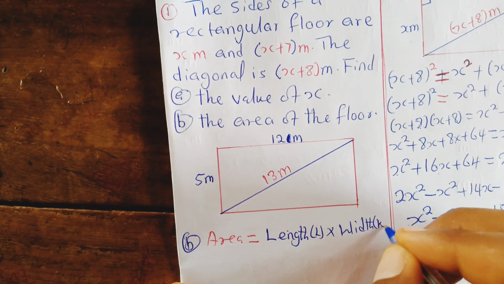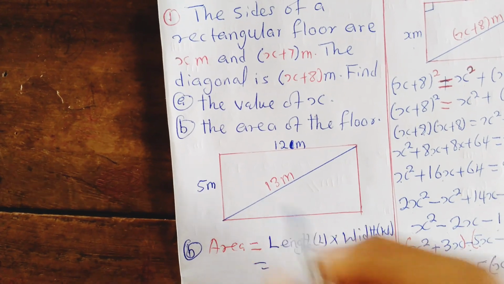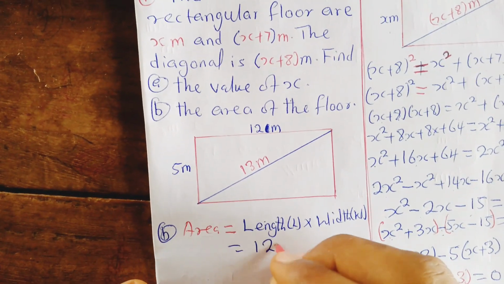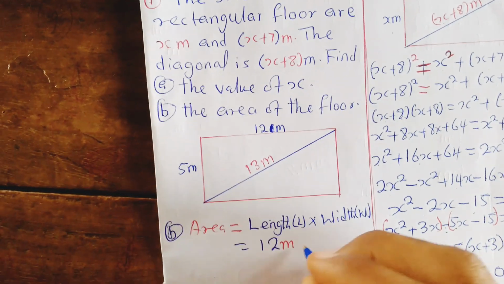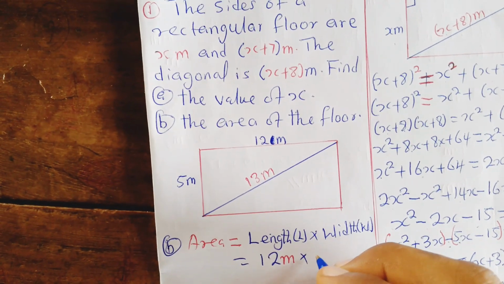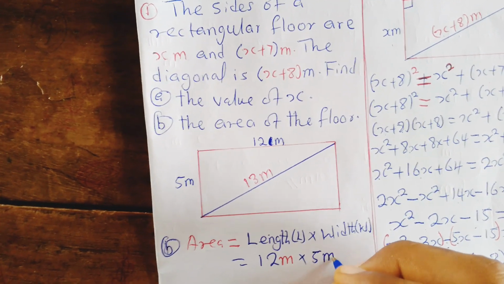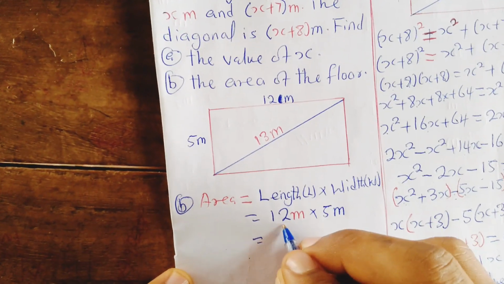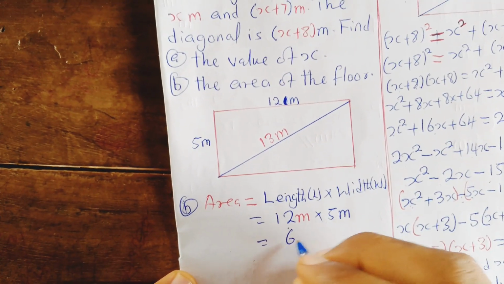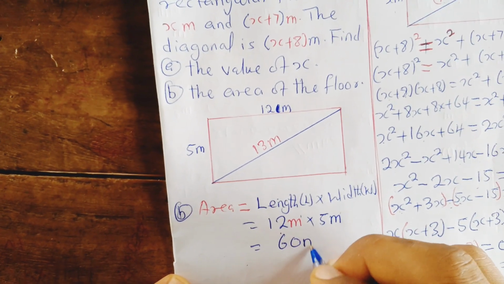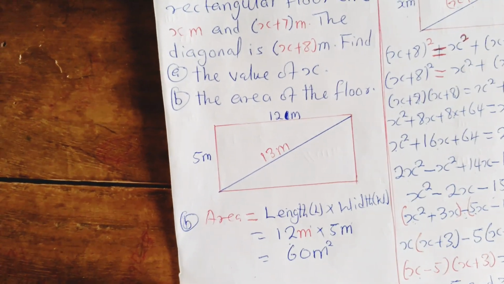The length is 12 meters, times the width, which is 5 meters. So 12 times 5 will give me 60, and the unit becomes meter squared.